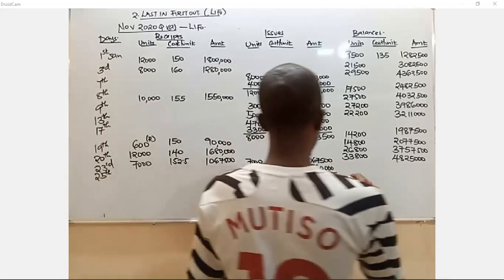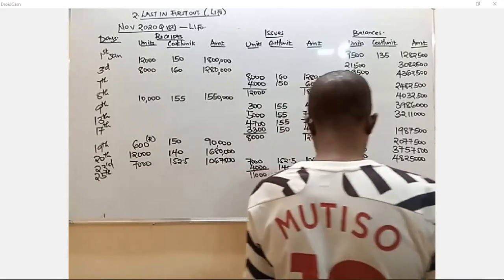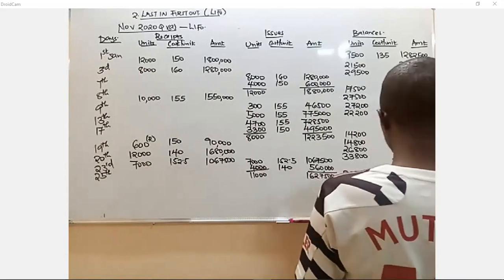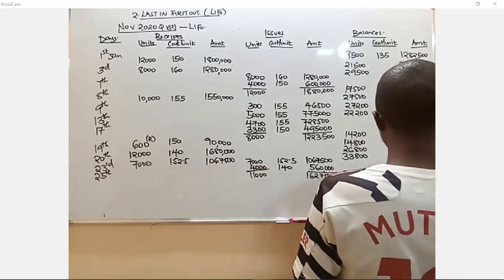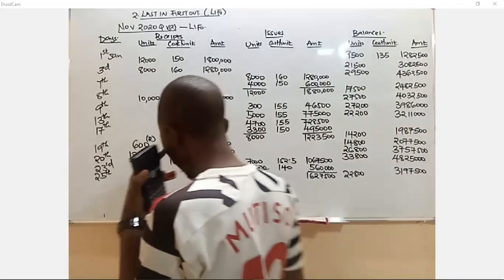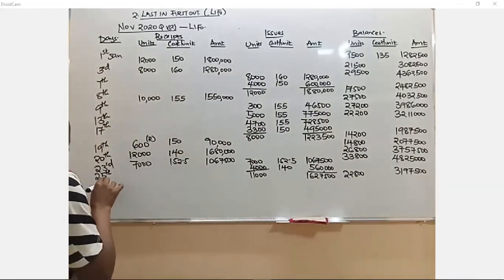So how much is the balance? I can see 22,800. Then what on the other side? Minus 4,825,000, getting 3,197,500. After that one, I can see we have another date that we were able to issue. Day 27.